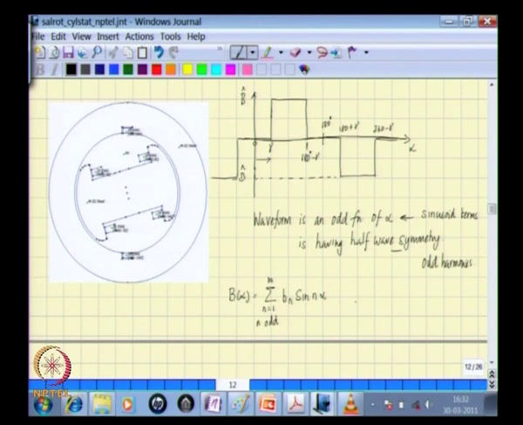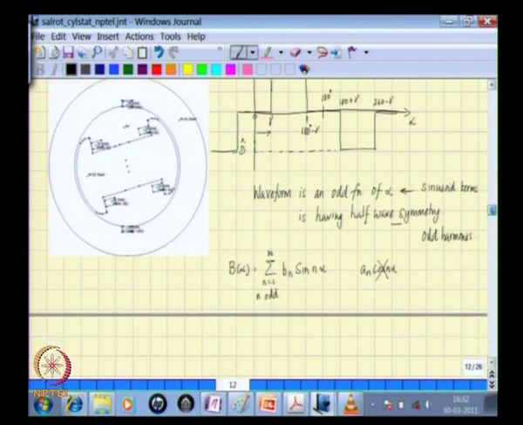You would have in a normal function other terms such as an cos n alpha. This is not there because the function is an odd function of alpha. There is no DC component because the average value of this function is 0. So in order to determine the Fourier components, all that we need to do is determine this Bn.